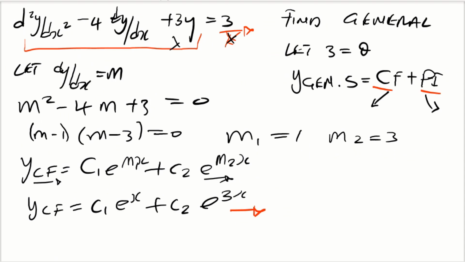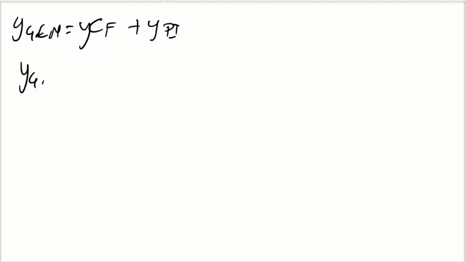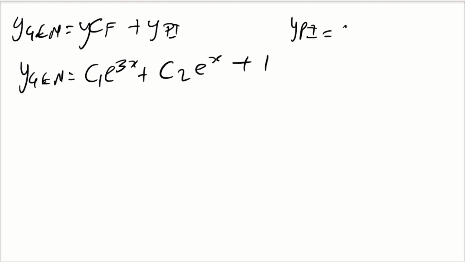So for your general solution, you have to add your y CF and your y PI. Your y gen will be equal to your y CF plus your y PI. Remember, you did find your y CF earlier on, so it was c1 e to the power 3x plus c2 e to the power x, plus that y PI, which equals 1.